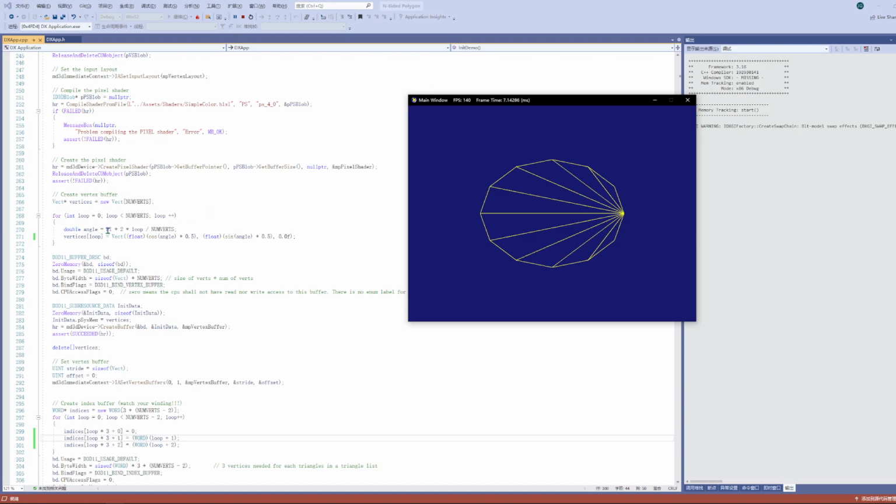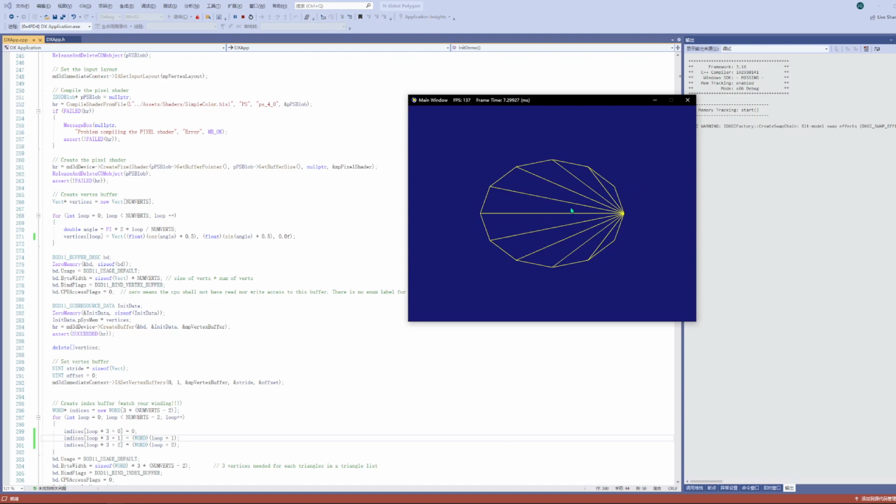the formula is 2 pi times our loop. We set up a loop for our vertices, and so 2 pi times loop over the number of vertices. That's how we get our angle.